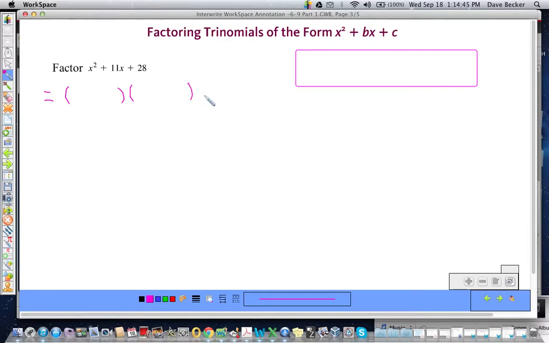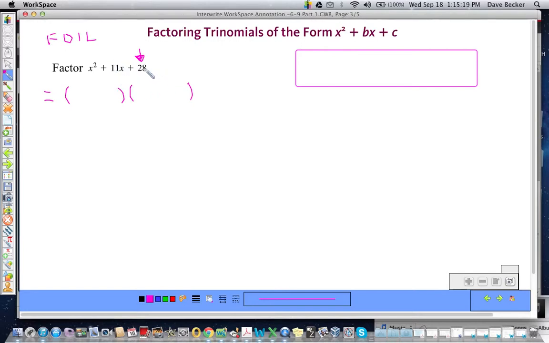Now, if you think of FOIL, I'm just showing you the reason why this works. If you think of FOIL, the product of the last terms gives me this last term. So that means this last term times this last term has to equal 28. And then in the simplification, the outside term and the inside term add up to be the middle term right here.